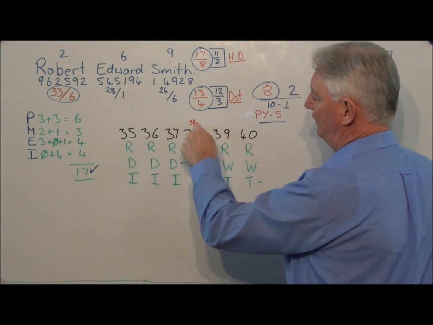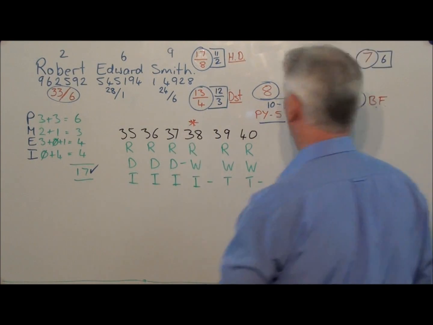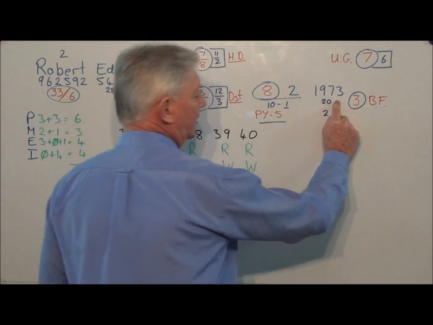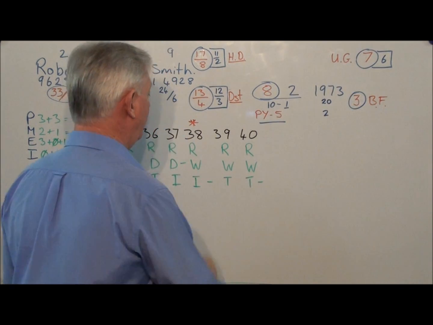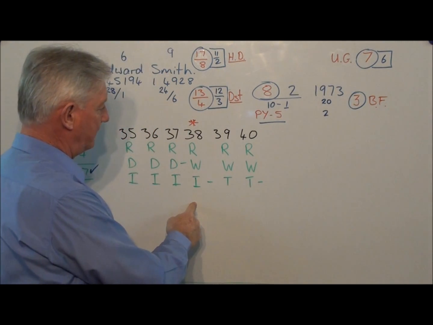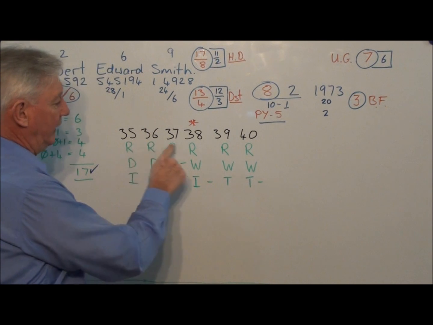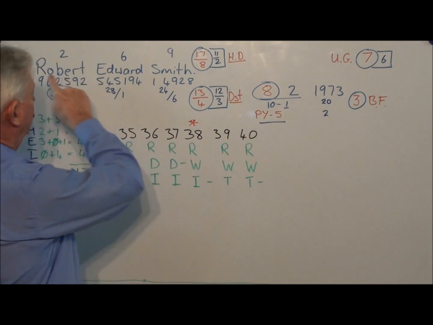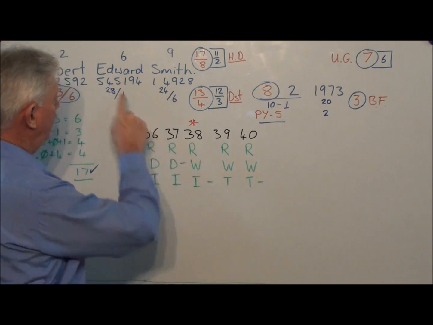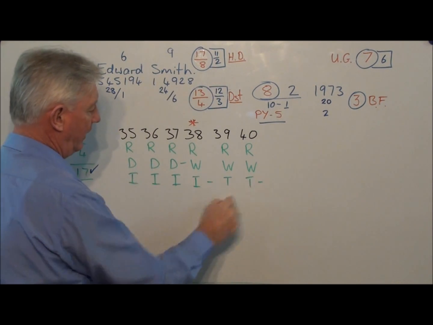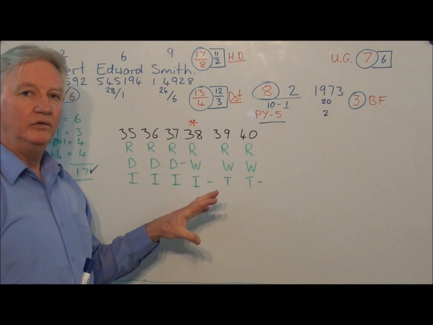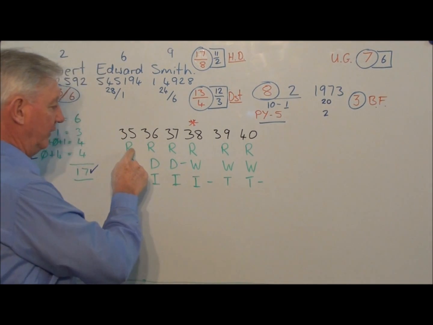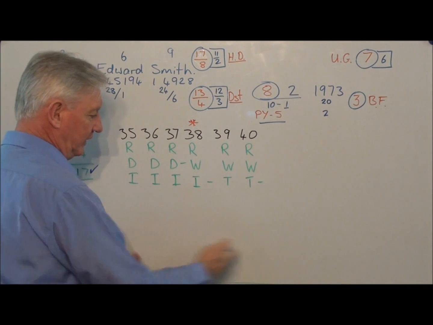We know he's 38 this year. That's easy to do by taking away the calendar year that he's got here of 1973 from 2011, and that will give you his age at 38. These are the letters of his name, Robert, and in the middle name Edward, and the surname Smith, as they are spread out. I'm not going to go over that, you know how to do that at the moment, but in reality I want to work on this particular part down here.